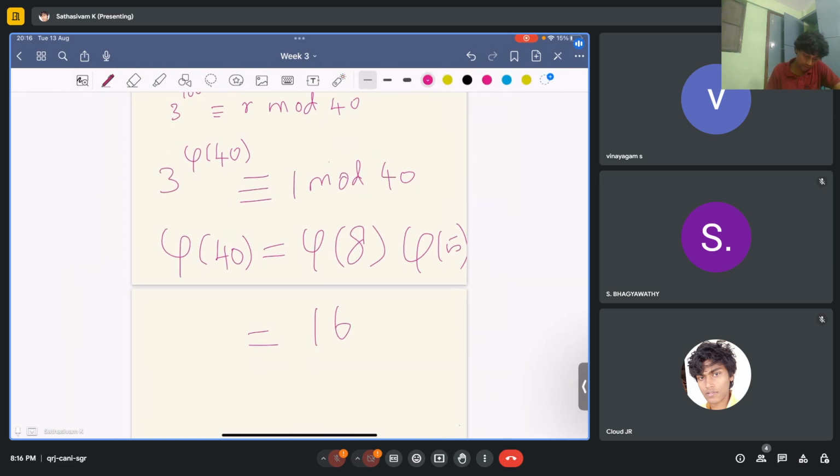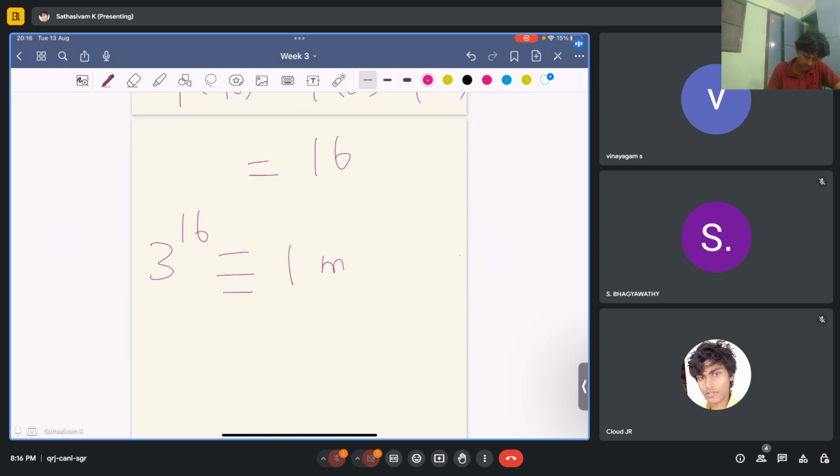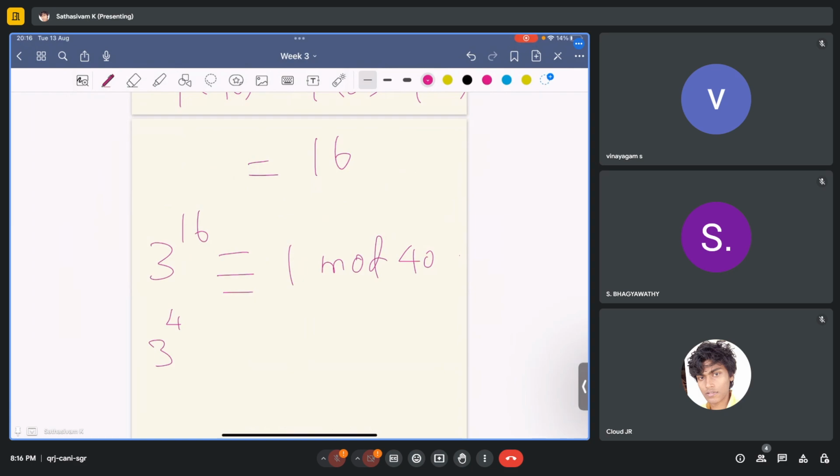So we have 3 power 16 is congruent to 1 mod 40. Okay. So 3 power 100 is nothing but 3 power, I think it is 4 times 16 or something. Okay, 3 power 16 is how many times? I just want to divide 100 by 16 and get the number.